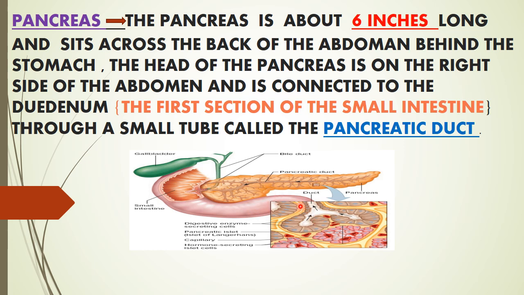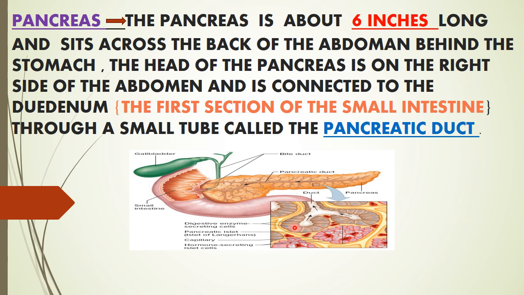This shows very clearly and explains where the location of the pancreas is. The pancreas connects to the small intestine, to the first part of the small intestine called the duodenum. Here is a section of the pancreas. These are small cells you can see on your screen. These are digestive enzyme secreting cells.